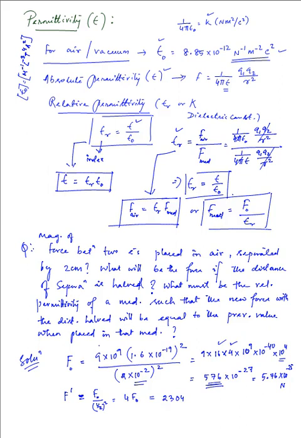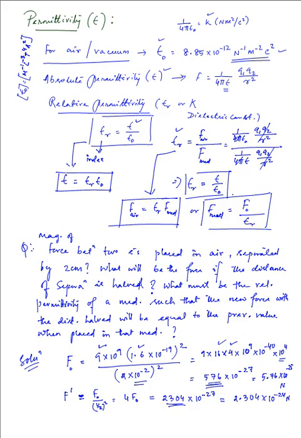When you multiply 9 and 1.6 squared, it's actually 23.04. You will come across this number quite a lot. So this is 10 to the power minus 7 if I take the power terms over there to the left side. So this is 2.304 times 10 raised to the power minus 24 Newton. So the force has increased, isn't it?